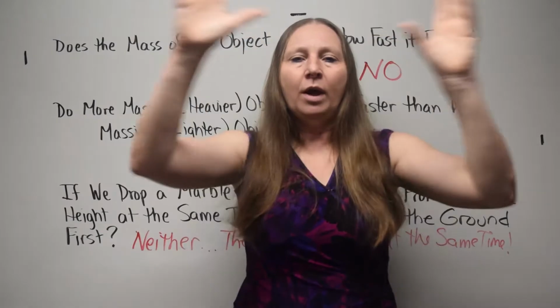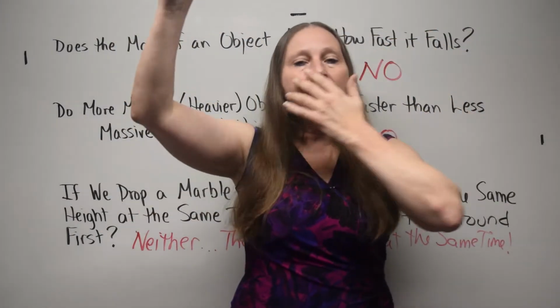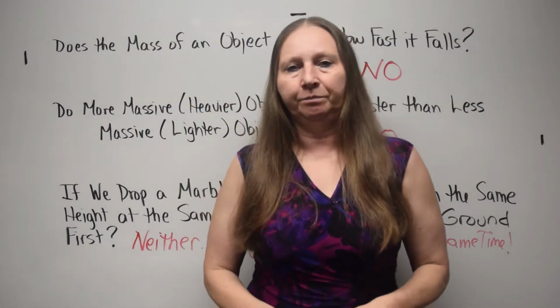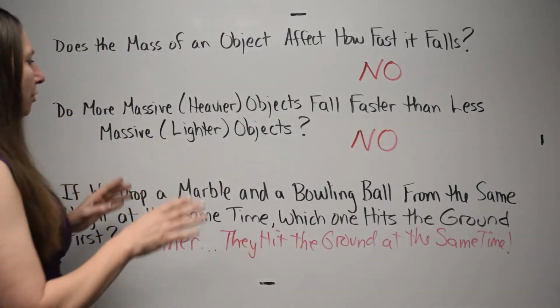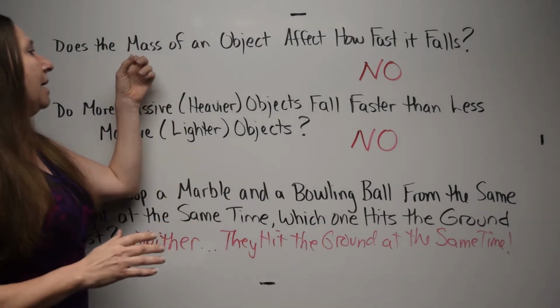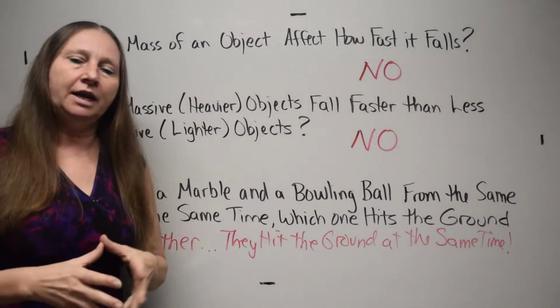As long as there's no air resistance, the heavy object and the light object are going to hit at the same time. So the mass of the object is not going to matter during these calculations.